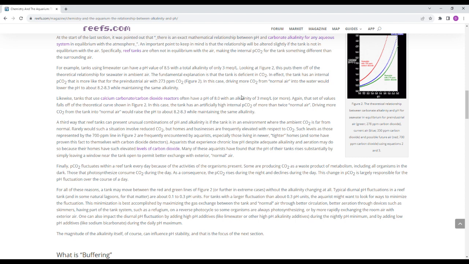Those that photosynthesize, like plants, consume CO2 during the day and produce it at night. As a consequence, the PCO2 rises during the night and declines during the day. This change in PCO2 is largely responsible for the pH fluctuation over the course of a day.